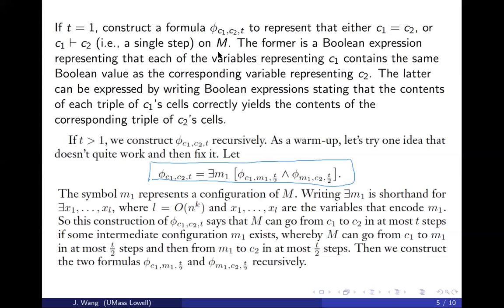So that means I can go from C1 to M1 in T over 2 steps, and I can go from M1 to C2 in T over 2 steps. But since T is big, this formula will be too long. Too long means that it's longer than a polynomial. So then that defeats our purpose.